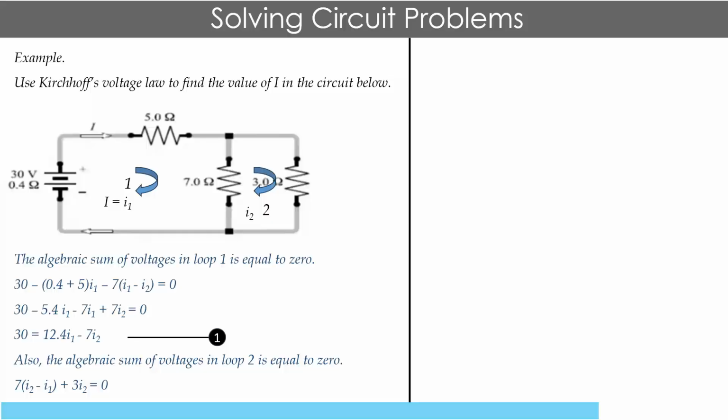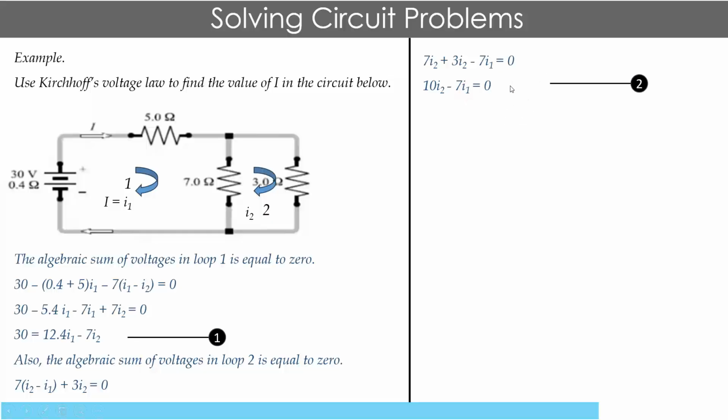This is equal to 0. We can resolve this further by expanding the bracket. We have 7I2 plus 3I2, collecting like terms, minus 7I1 is equal to 0. 7I2 plus 3I2 will give us 10I2, and then minus 7I1 is equal to 0.